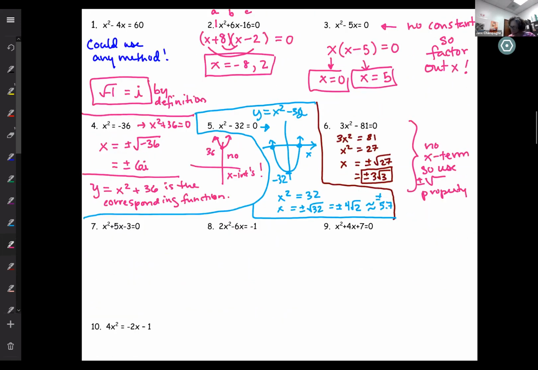Number 7. This one, put a little box around this. Number 7, I don't think that factors. What do you think?